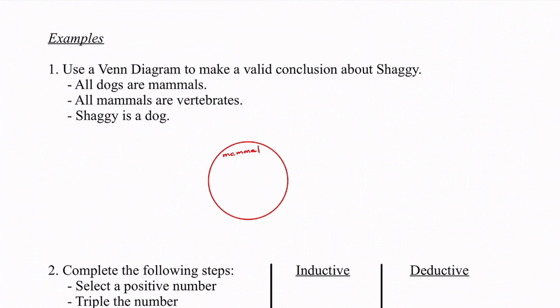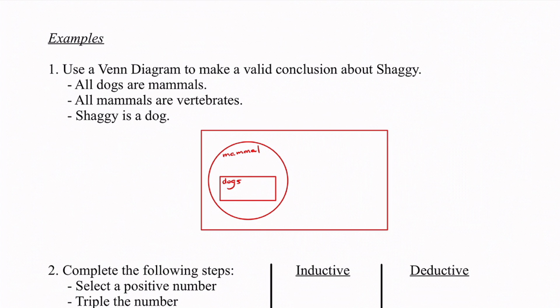We'll call this dogs. So all dogs are contained within mammals. The second statement said all mammals are vertebrates. So here's all my mammals, and all of those mammals have to be within vertebrates. So I have this bigger box here now, and I'm going to call this vertebrates.